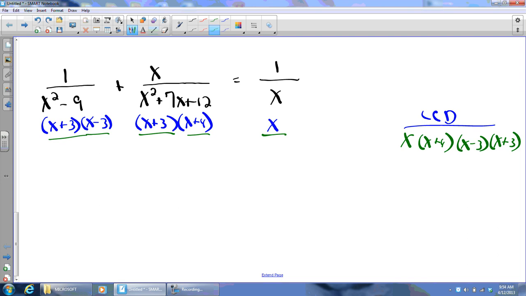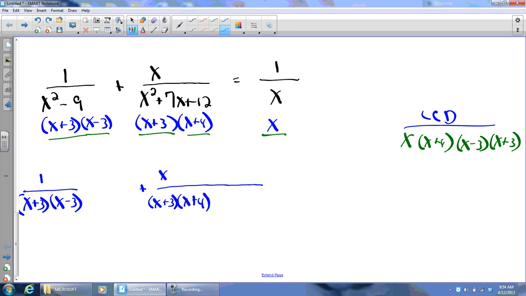And there we go. Now, again, I'm going to rewrite it just so it looks a little simpler. I'll do 1 over x plus 3, x minus 3, plus x over x plus 3, x plus 4. Oh, should be a plus 4. Sorry about that.